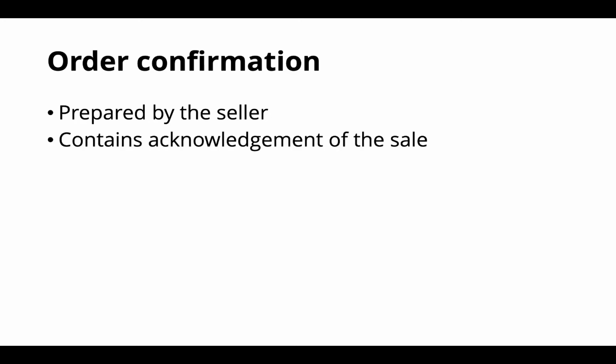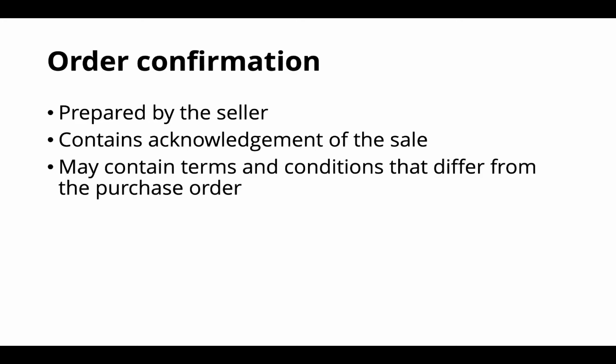The third document is the order confirmation, and this is a document prepared by the seller. This document will contain acknowledgement of the sale, but it also may contain terms or conditions in conjunction with the order.